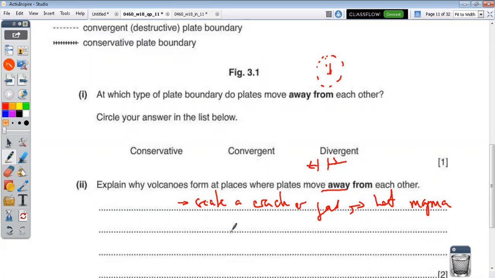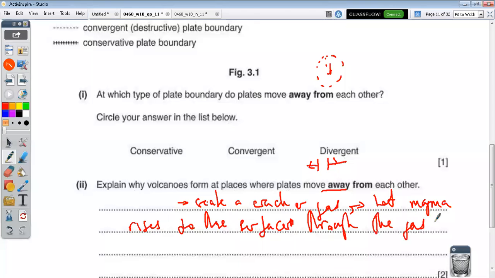The hot magma rises to the surface through the gap. And when it rises to the surface, it forms what? Lava. That's your volcano. That's as easy as that. That's plates moving away from each other.